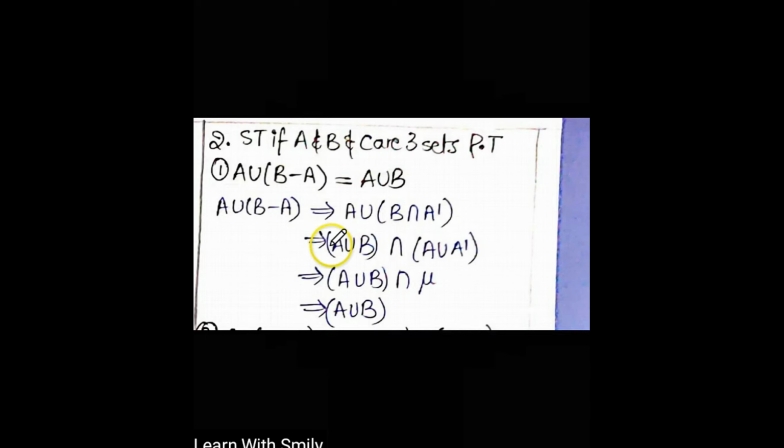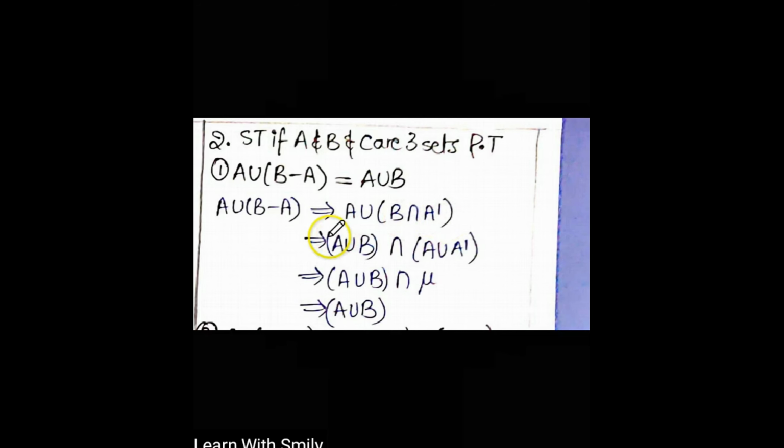I will just end with a small problem. Here we are taking A union B minus A, and it was asking us to show that it equals A union B. Now we can take B minus A as B intersection A dash, from the property of difference. So from this property we are taking this and implementing it, and now A union B intersection C is in this form, right?